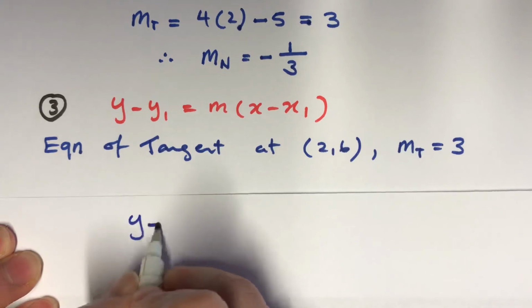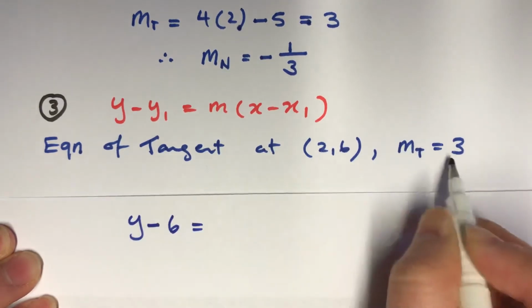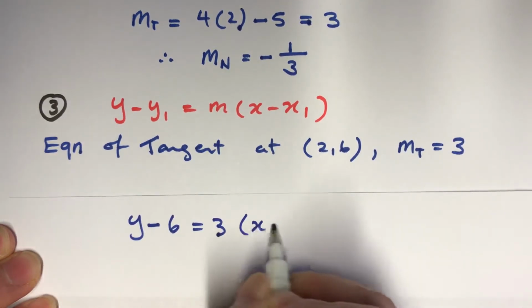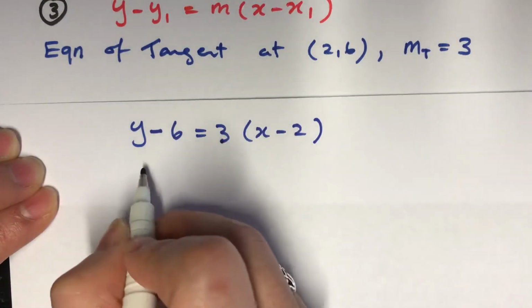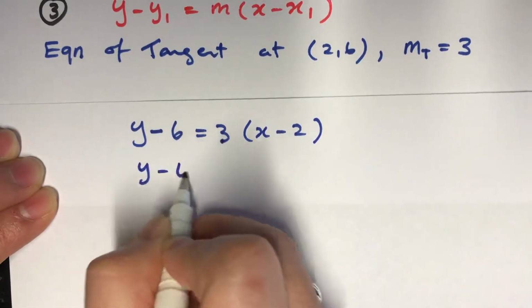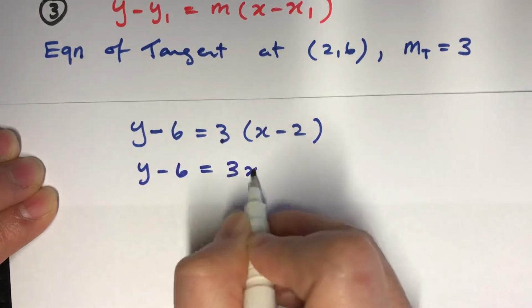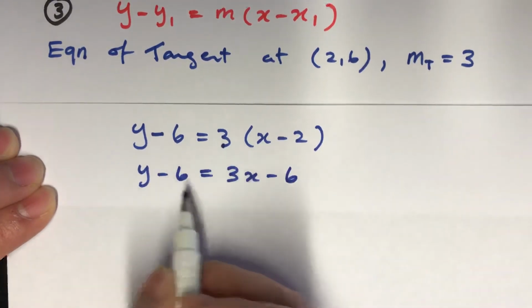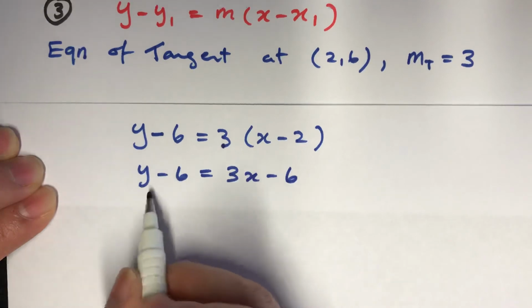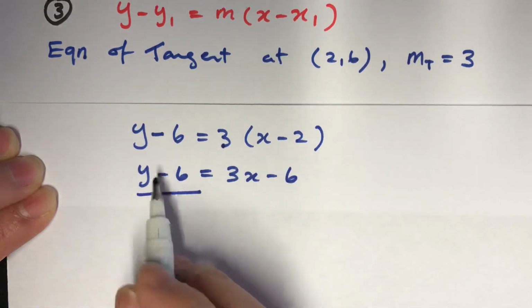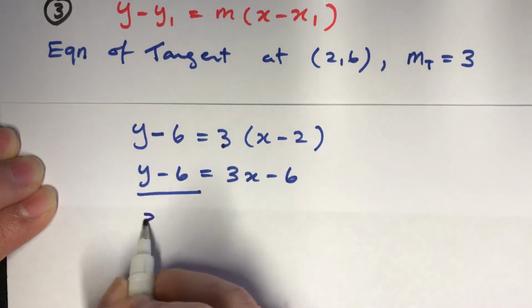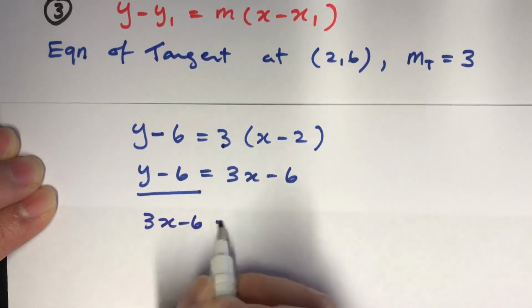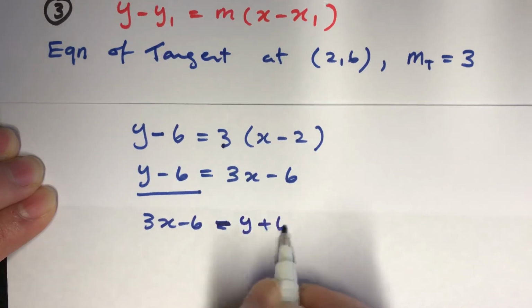So y minus 6 equals 3 times x minus 2. All right, let's expand this. It would be y minus 6 equals 3x minus 6. Now, I'm going to move this one to the other side because I want to keep the 3x positive.